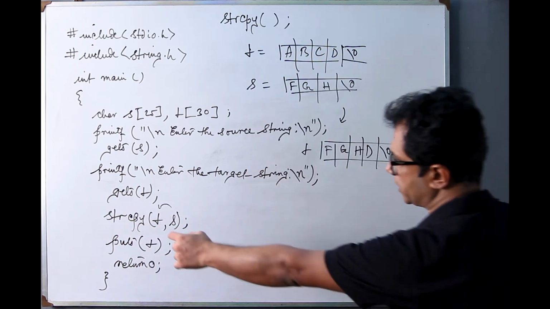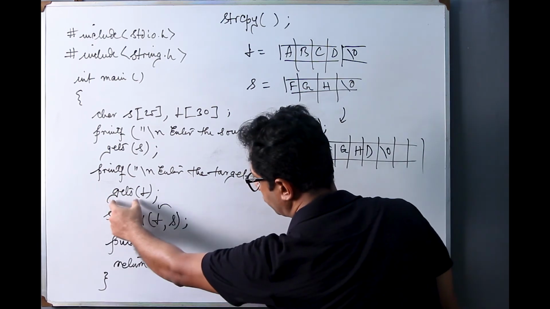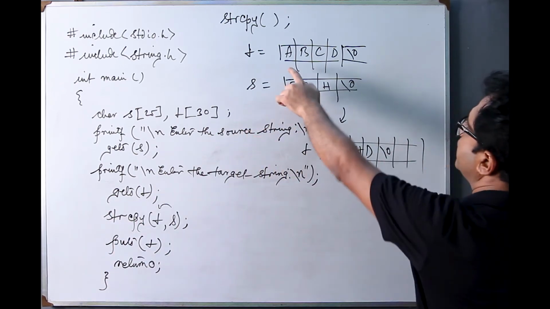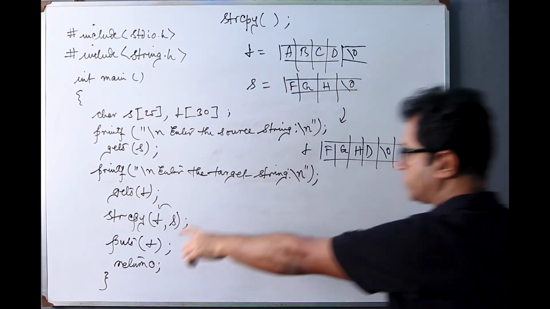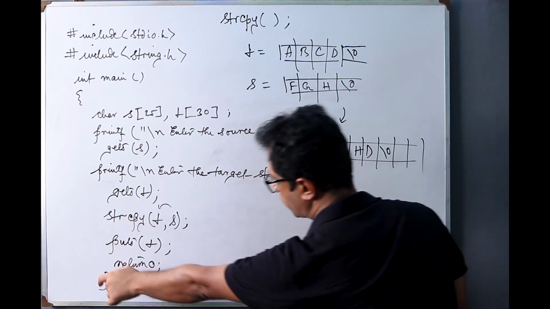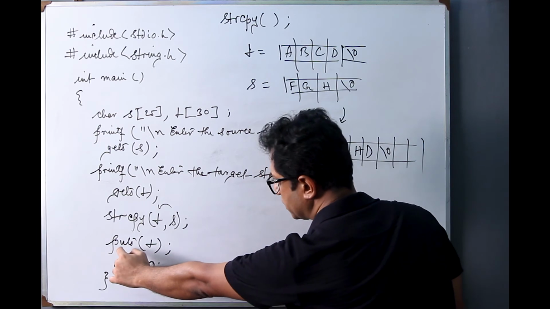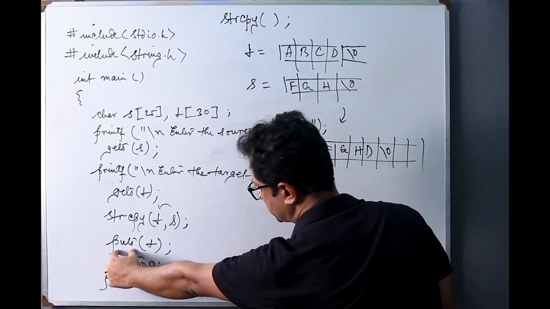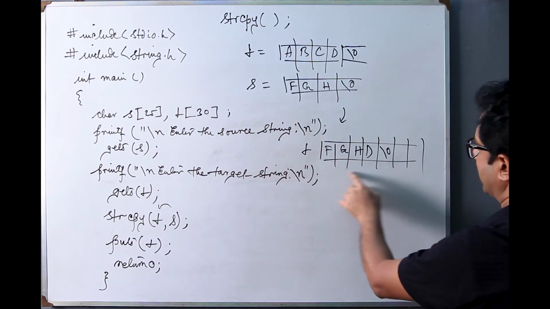Before execution of the function, if you print T, you will get ABCD, and after the execution of strcpy, if you print T, the output will come like this.